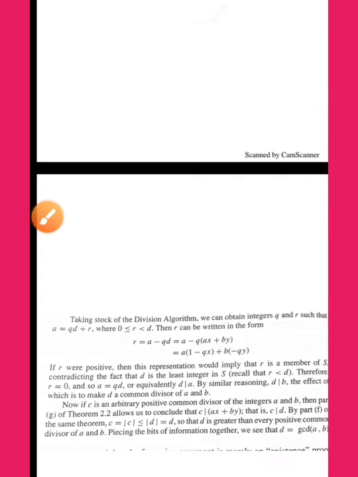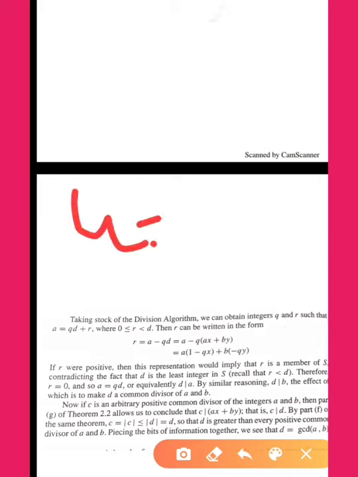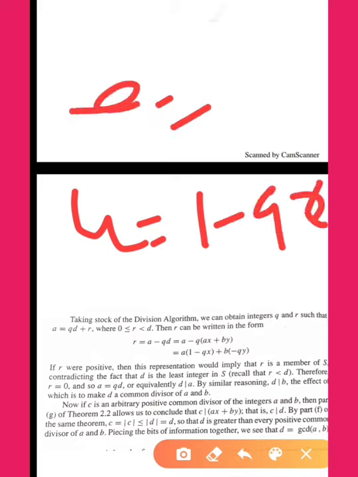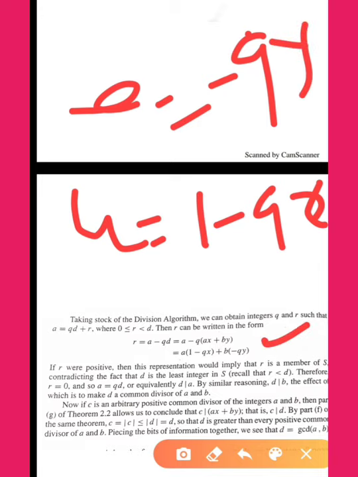So if r is positive, meaning r is greater than 0 but less than d, this representation implies that r is again of the type ax plus by. Here, if we take u equal to 1 minus qx and v equal to minus qy, then r is of the type au plus bv.